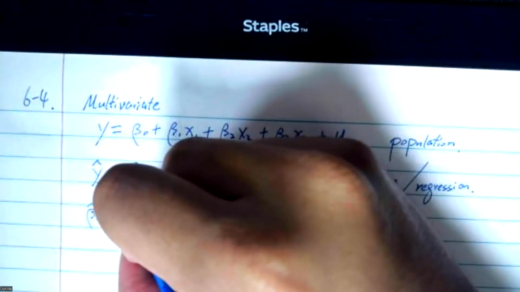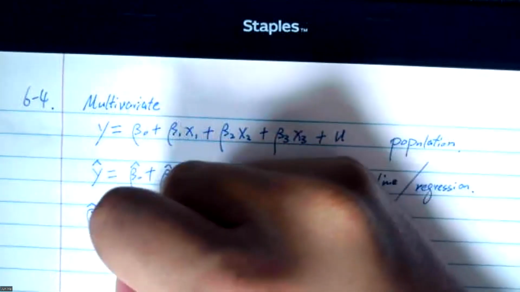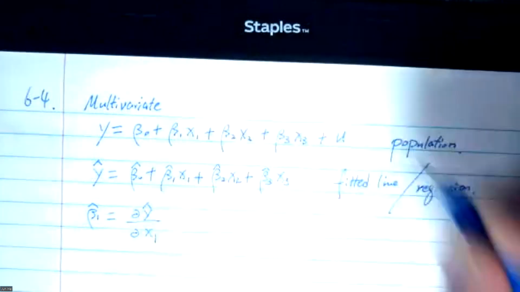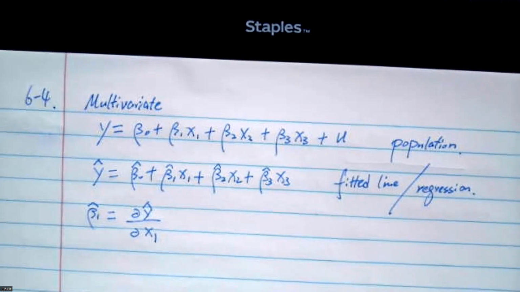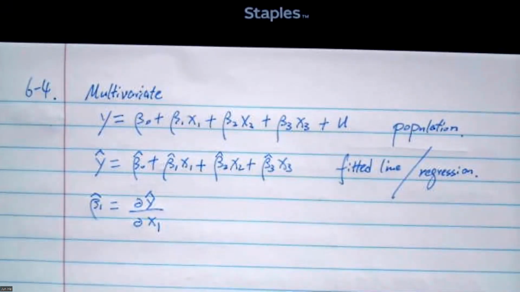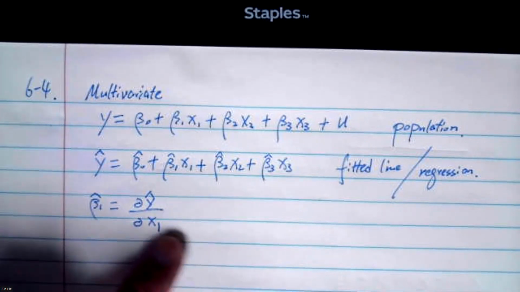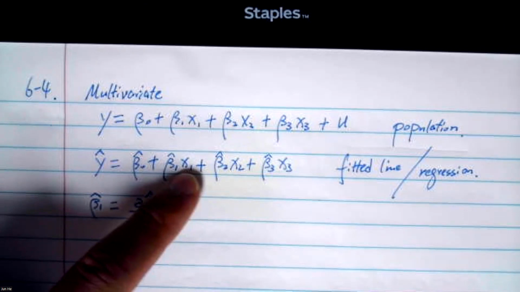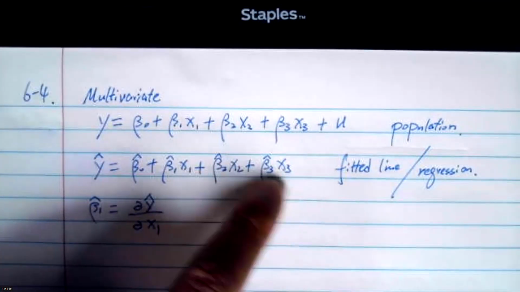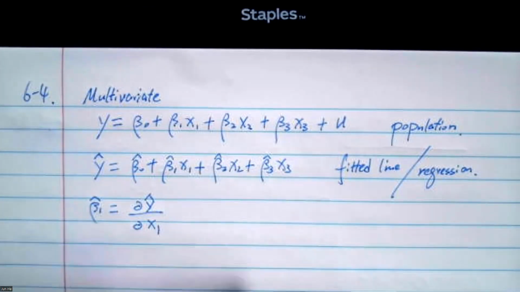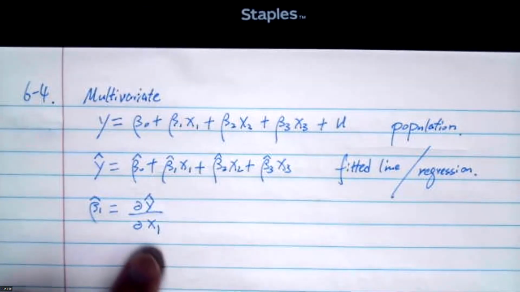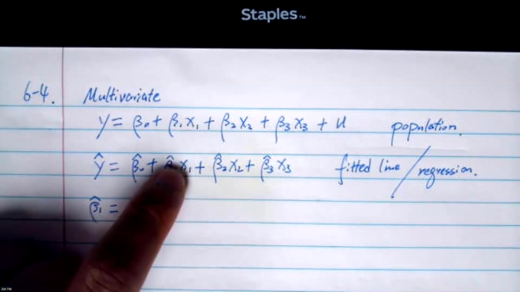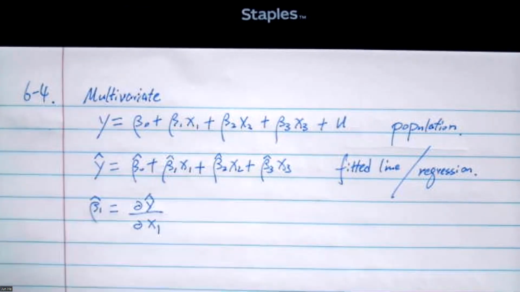Beta 1 is actually the partial derivative of y hat with respect to x1, right? If you take the partial derivative with respect to x1, in your eyes, only x1 is the variable. Everything else are just constants added to it, and when you take the derivative, they're all ignored, right? And beta 1 hat is then the result of the derivative.